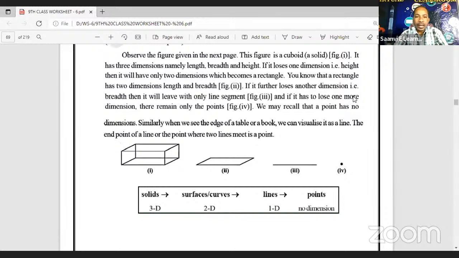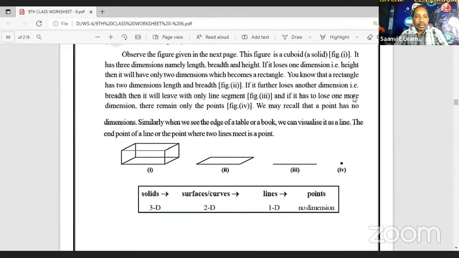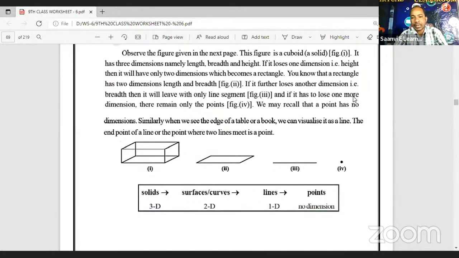Again, from this line segment, if we remove one more dimension, this line segment becomes a point. So what can we understand here?